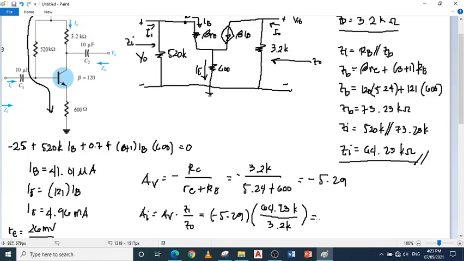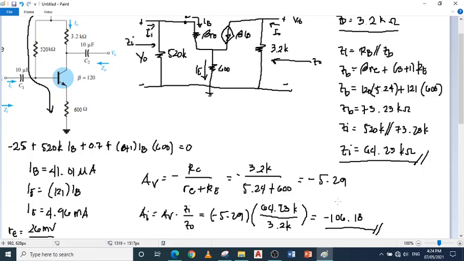So, ang current gain natin is equal to 5.29 times 64.23k divided by 3.2k. Okay, so we have a gain of negative 106.18.